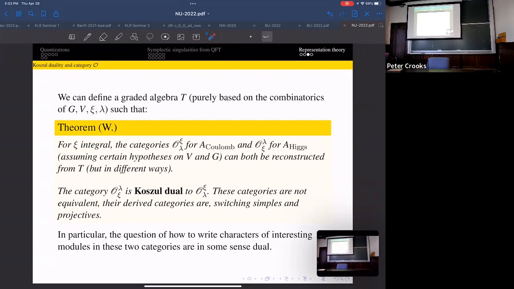The category O for that more singular parameter is going to be Koszul dual to the integral category O on the Higgs branch of that smaller group and smaller representation. In the extreme example, the group and the representation are trivial, and you get that everything is simple and kind of boring. But the intermediate cases, it doesn't work out.